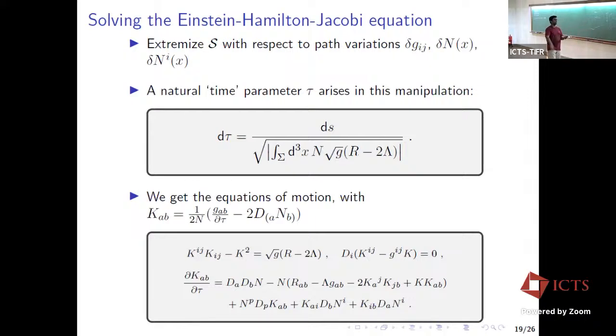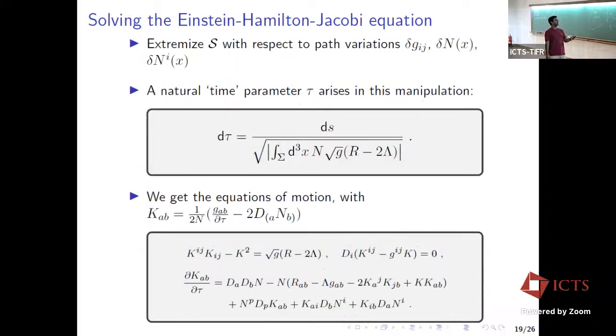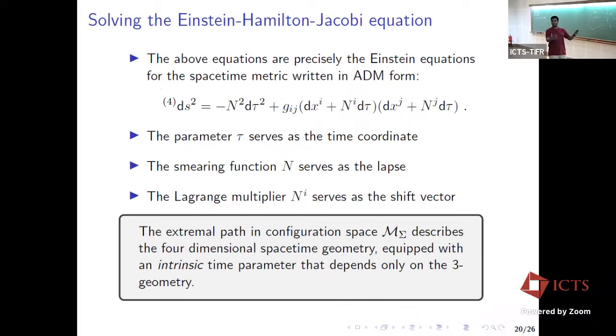That was the main point of this work. And as I mentioned, these above equations are precisely the Einstein's equations for the space-time metric written in ADM form, which is this, where you can see that all these smearing functions and the Lagrange multipliers take the usual roles of the lapse and the shift respectively. And this parameter tau serves as the time coordinate for this ADM split of a four-dimensional space-time.